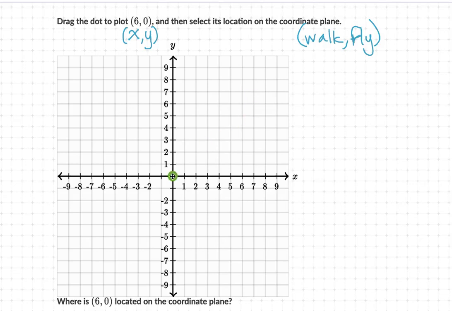So we're always going to start from the origin. This is telling us to walk to 6. So 1, 2, 3, 4, 5, 6. And then we're going to fly to 0. 0 means you're actually not flying, so it's going to stay right there. So that should be your location for 6, 0.